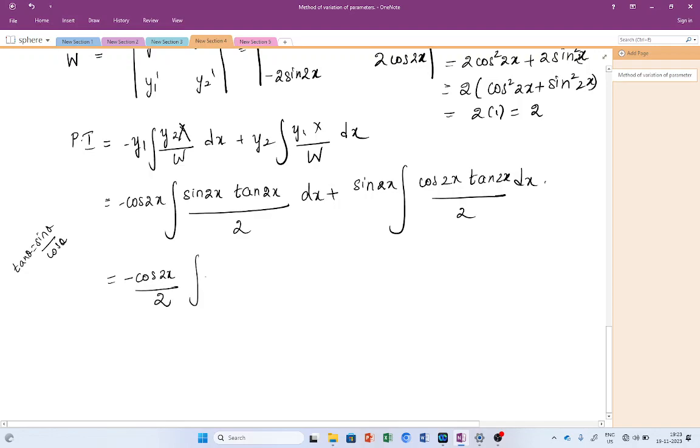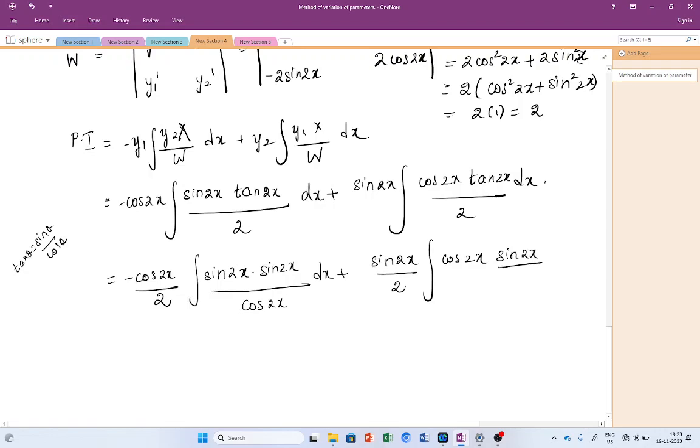So it is integral sin 2x into, instead of tan 2x, I'm writing sin 2x divided by cos 2x dx. Likewise, in the second integral also I'm writing the same thing. Taking 2 outside, cos 2x I'm writing as it is. Instead of tan 2x I'm writing sin 2x divided by cos 2x into dx.